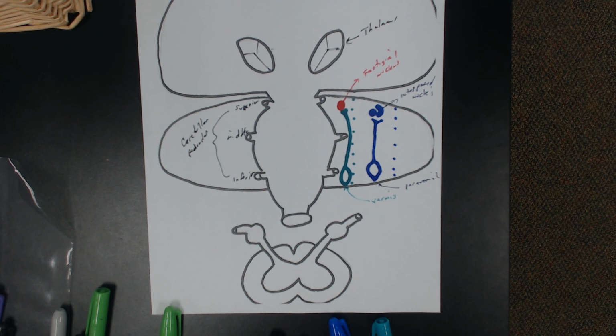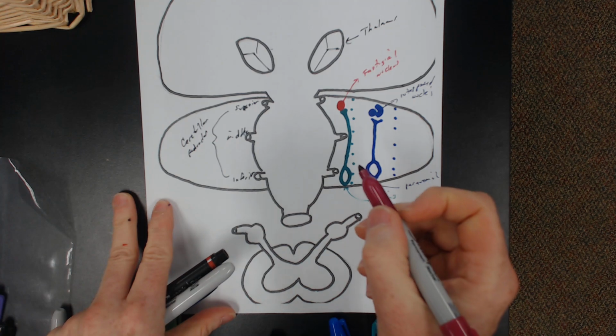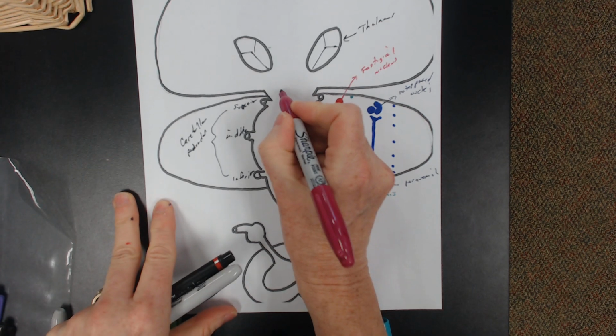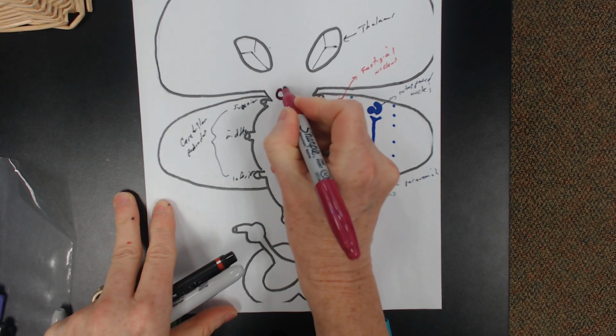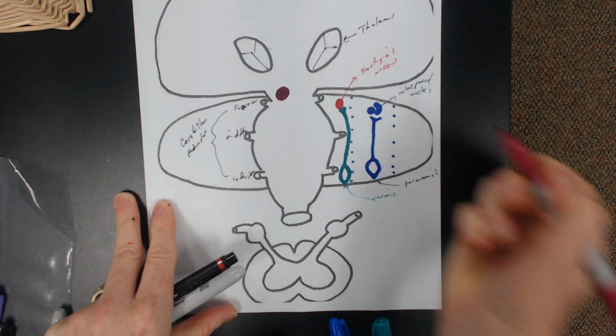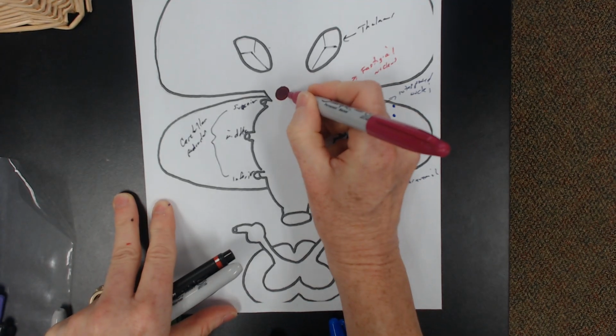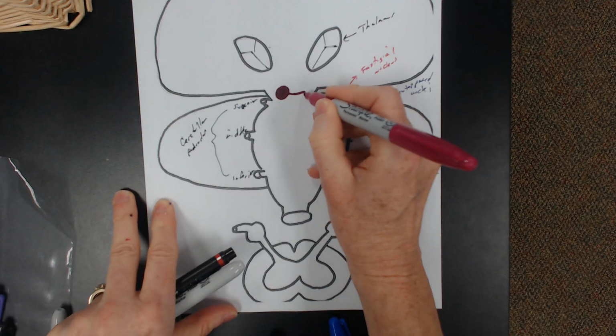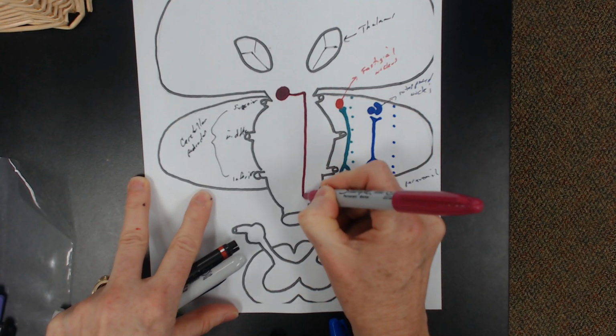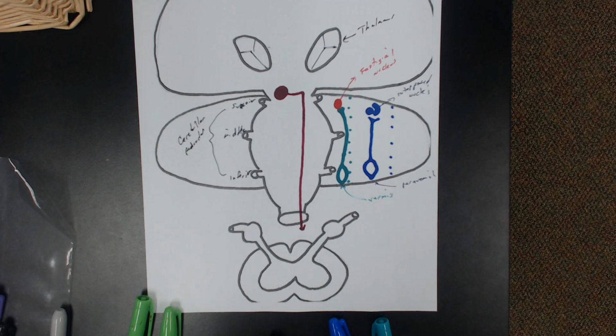Okay, another thing that's going to be important here is a marker that we saw for the midbrain previously. It's going to be your red nucleus. And you know that your red nucleus sends out axons that decussate immediately and then come straight on down for your rubrospinal tract.